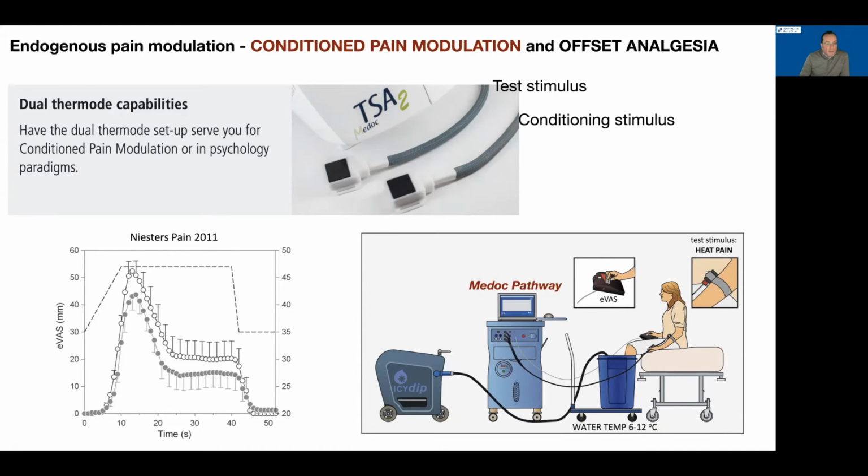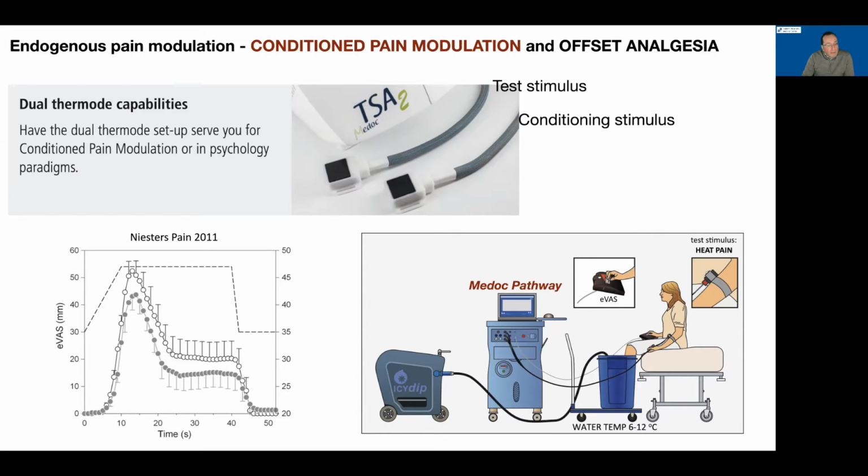On the left side, you can see what that does. The open circles are the test stimulus without the conditioning stimulus. You can see that when you increase the thermode to a temperature of around 46, 47 degrees, that the patient perceives pain. There's some adaptation.